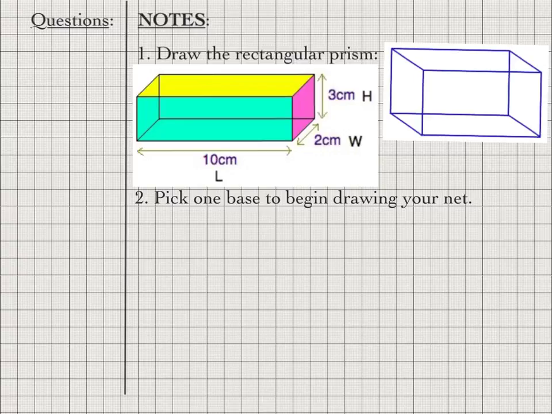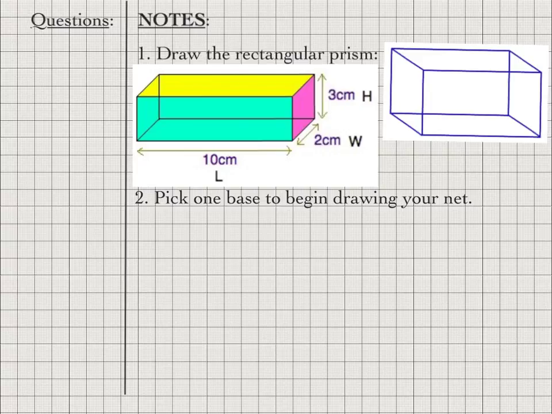Alright, I'm going to go ahead and start by drawing the teal colored base, which is this one. So first I need to know what the dimensions of this rectangle are. The dimensions are 10 centimeters by 3 centimeters. That's this length here. So I'm going to go down below.